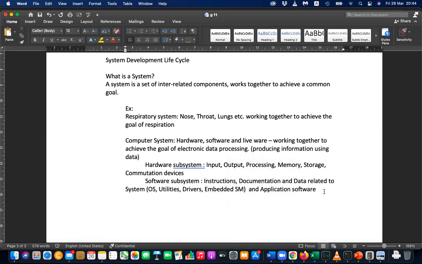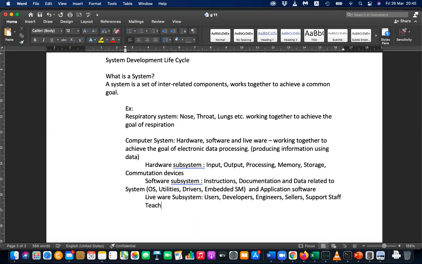And what about the liveware subsystem? The liveware subsystem has components like users, developers, engineers, sellers, support staff, teachers. All these people come under the liveware subsystem.